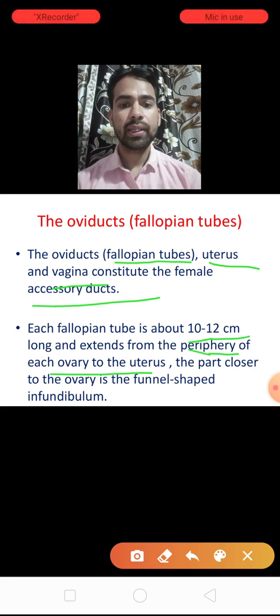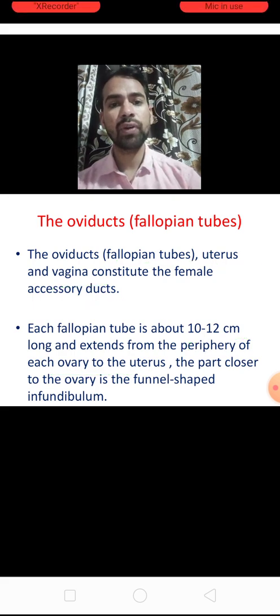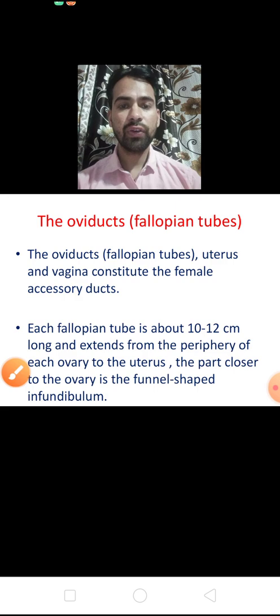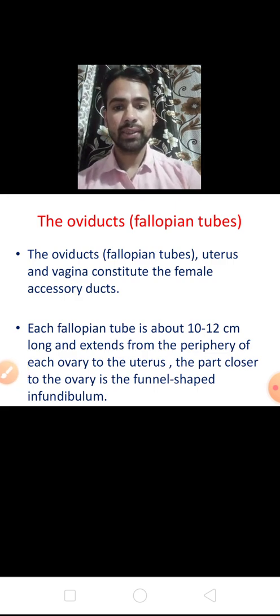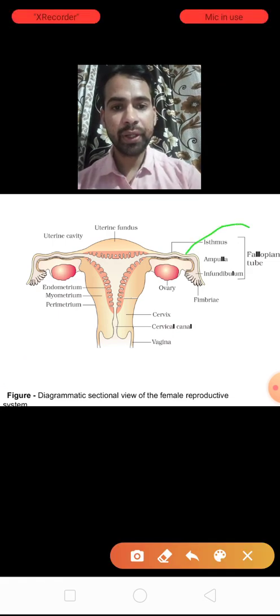Okay, the part close to the ovary is the infundibulum. Infundibulum is a part of the oviduct or fallopian tube. Okay, see in the picture to understand properly. It is the fallopian tube.